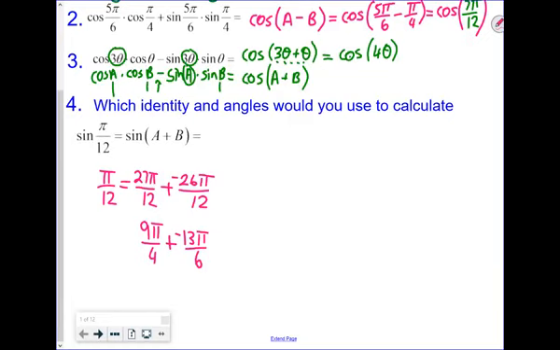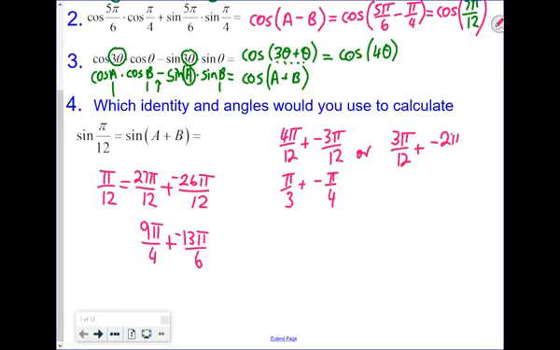The most sensible would have been to use 4 pi over 12 plus negative 3 pi over 12, or maybe pi over 4 plus pi over 3. Or you could have used 3 pi over 12 plus negative 2 pi over 12.